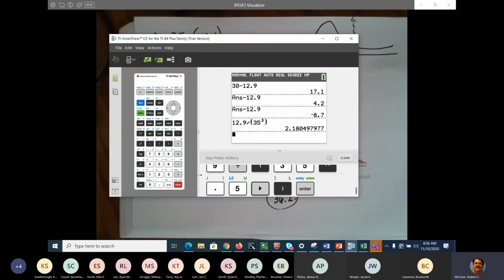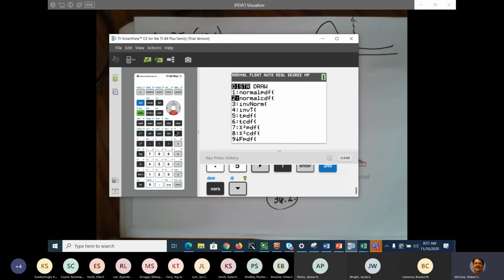I thought they would say more than or less than, but they're just wanting that number. So I'm going to type that in, normal CDF, and you can just go one side or the other.